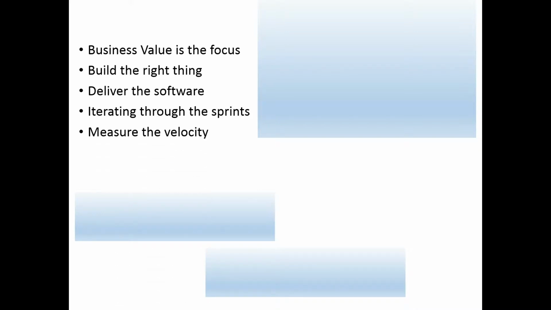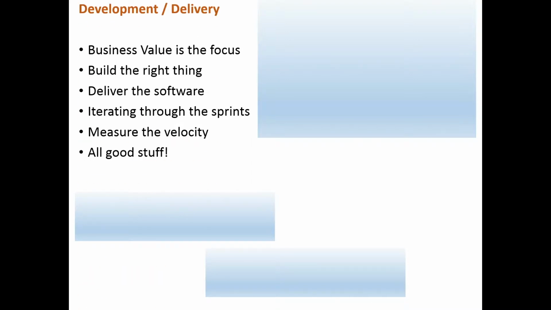Business is telling what to build, and they can change their mind, and they can say what they want next, and deliver the software accordingly, right? Iterating through the sprints, those 2 weeks, 3 weeks sprints, they build the right thing and iterate through that. Measure the velocity, how is the team doing, right? All good stuff with Agile and Scrum, right?